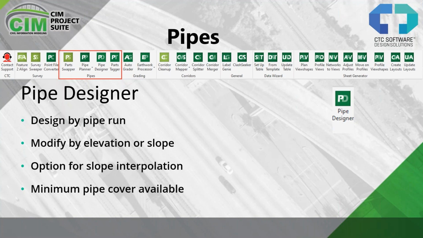So with Pipe Designer, we can design our pipes by runs. We can do the entire network, or we can do segments of it. And we can modify the entire run and parts within it by elevation or slope. We can also interpolate the slopes, and we can check for and provide minimum pipe cover.